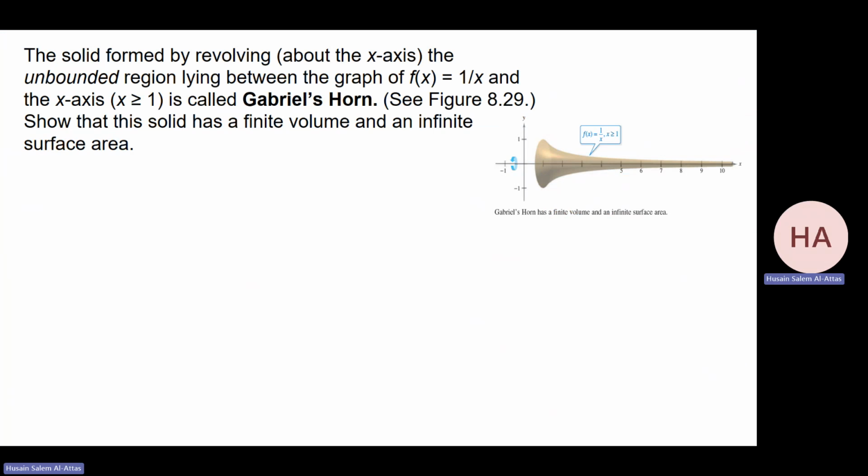Okay. The last one: the solid formed by revolving about the x-axis the bounded region. He said this solid has a finite volume and infinite surface area. So I need to find the volume and the surface area.